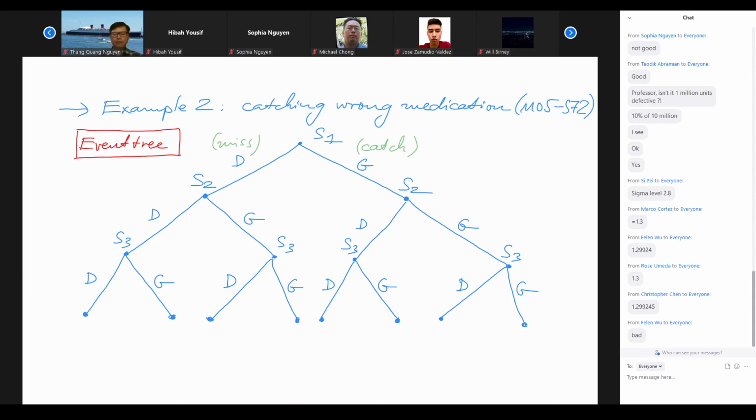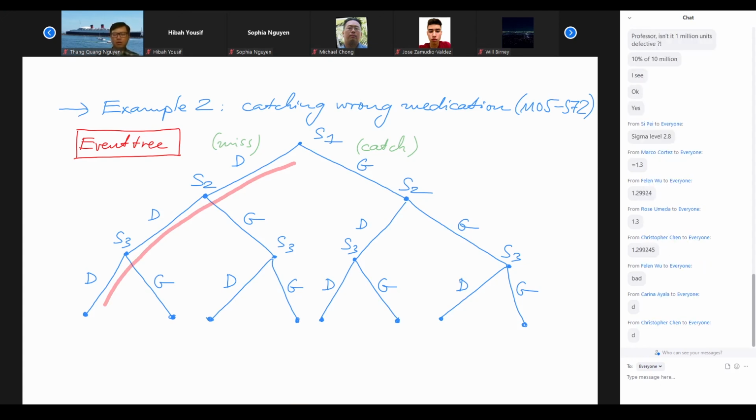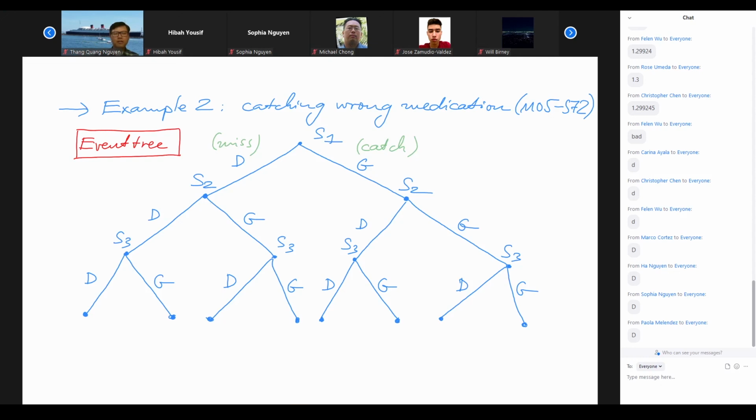Okay, so I would like to ask the whole class regarding the first branch right here. Is that defective or good? Where defective means we missed the wrong medication, and good means we catch the wrong medication. Okay, so I see a lot of D's already. Good, you are correct. In this case, we can say the following: all three parties missed the wrong medication, right?